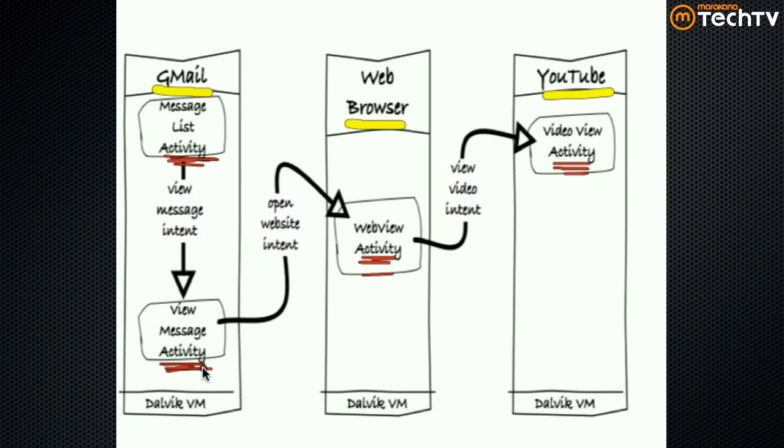I just basically said open up in a favorite web browser. So it could have been Firefox, it could have been the built-in browser, it could have been Chrome. That is not important. The system is going to resolve it. So that's an implicit intent. Similarly, here when we said I want to view a video, it opens it up in whatever browser you want to use.